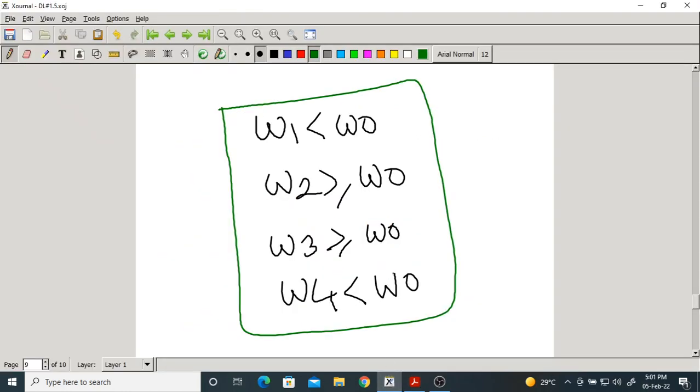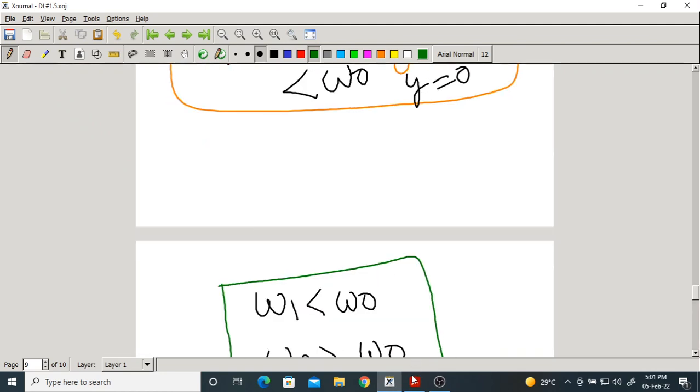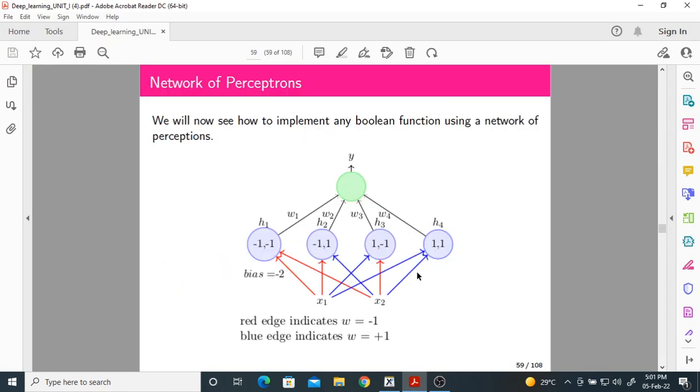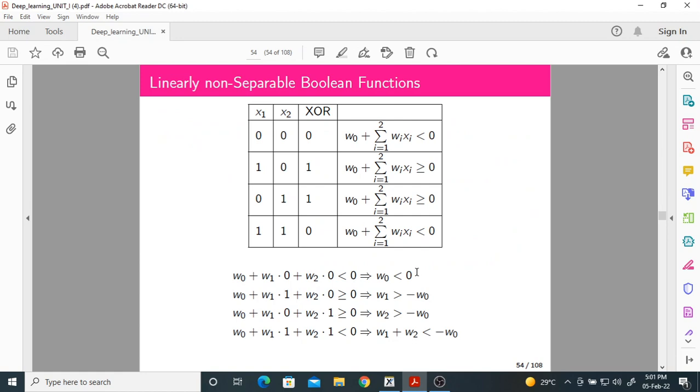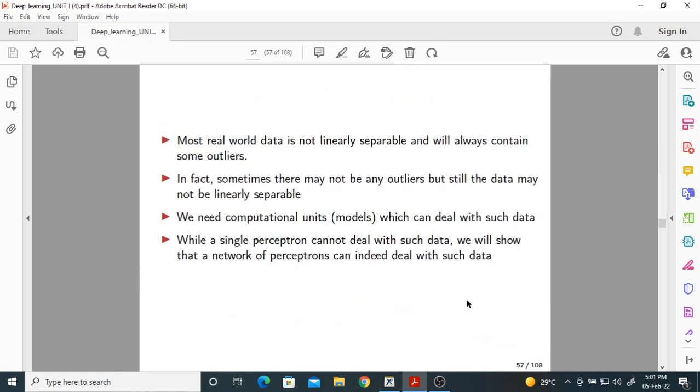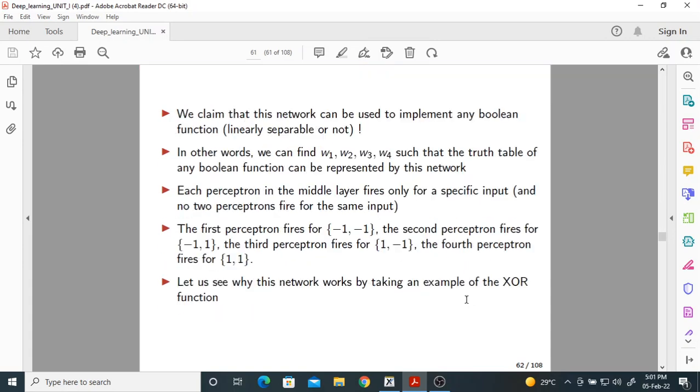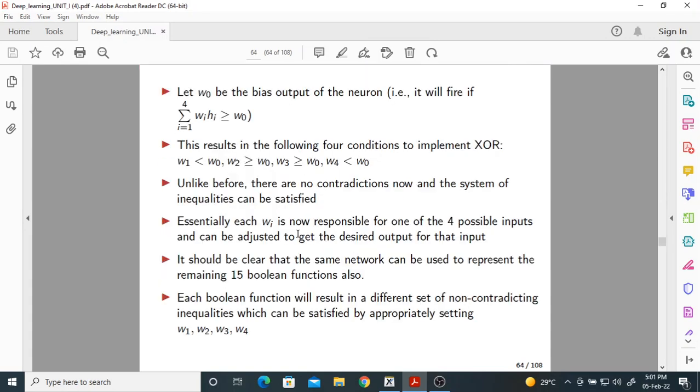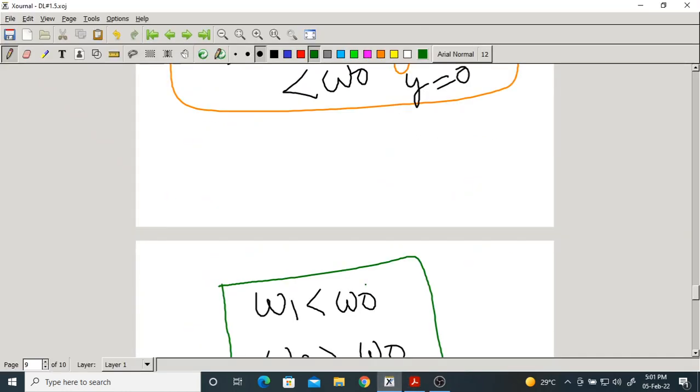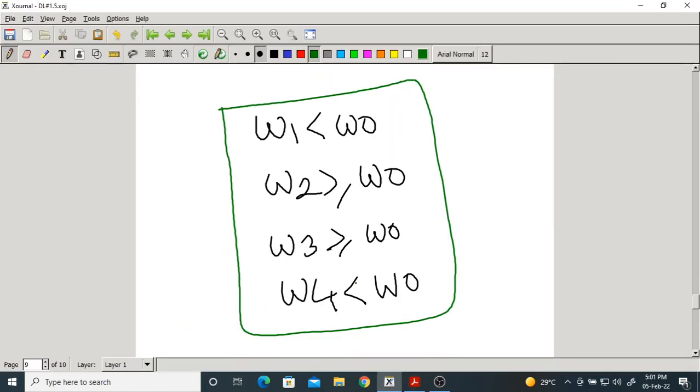We had contradictions when we used a single perceptron, but here we don't have any contradictions. Essentially, each Wi is now responsible for one of the 4 possible inputs and can be adjusted to get the desired output for that input. So we can adjust all the weights so that these inequalities will be satisfied.